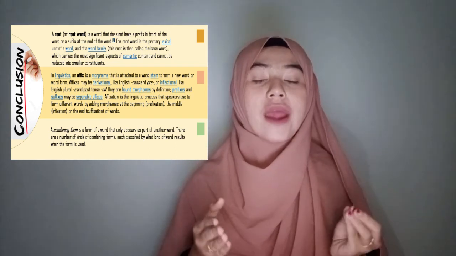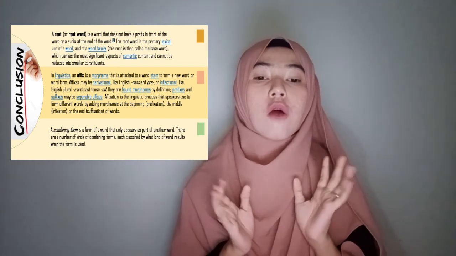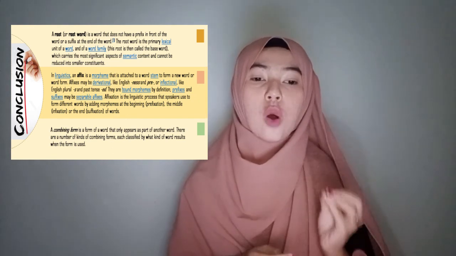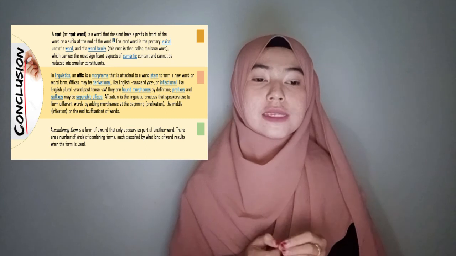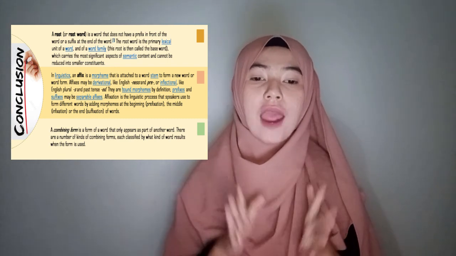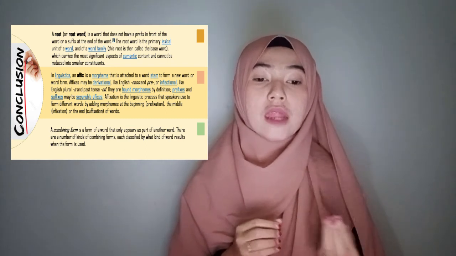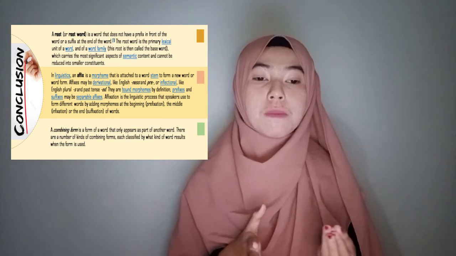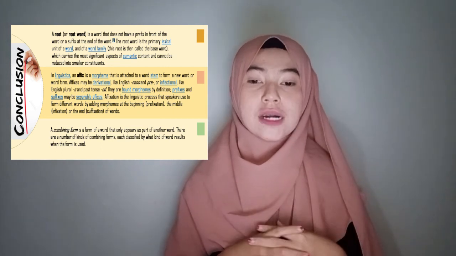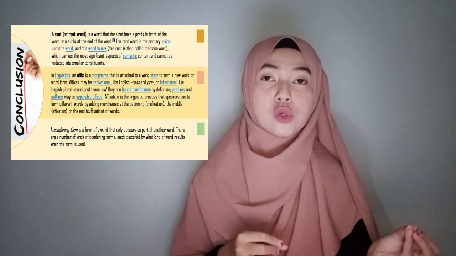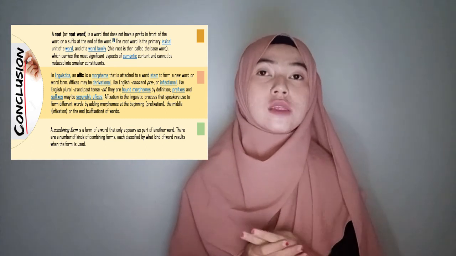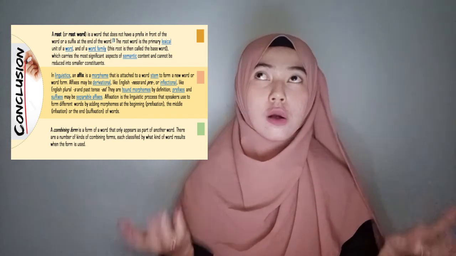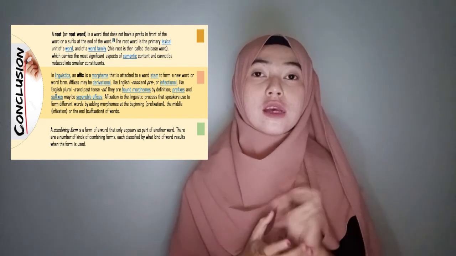And a combining form is a form of word that only appears as part of another word. There are a number of kinds of combining form, each classified by what kind of word results when the form is used. A combining form is a combination of two roots or more to make a new word.